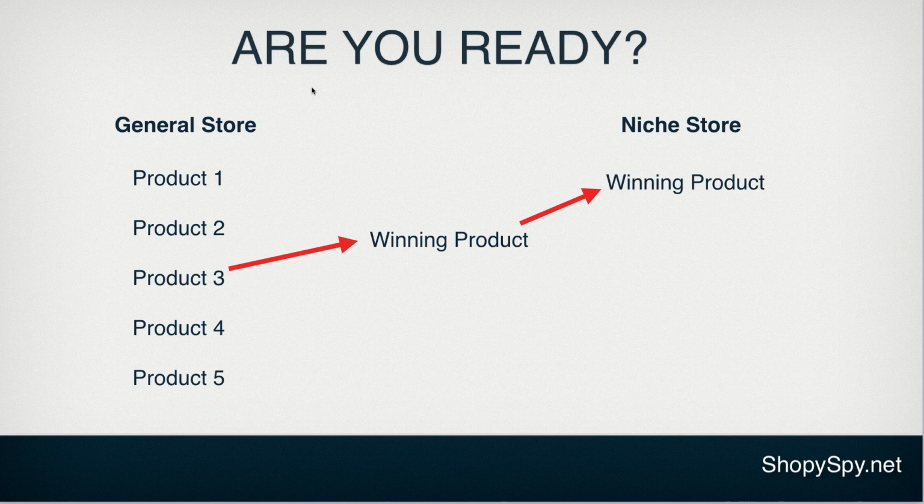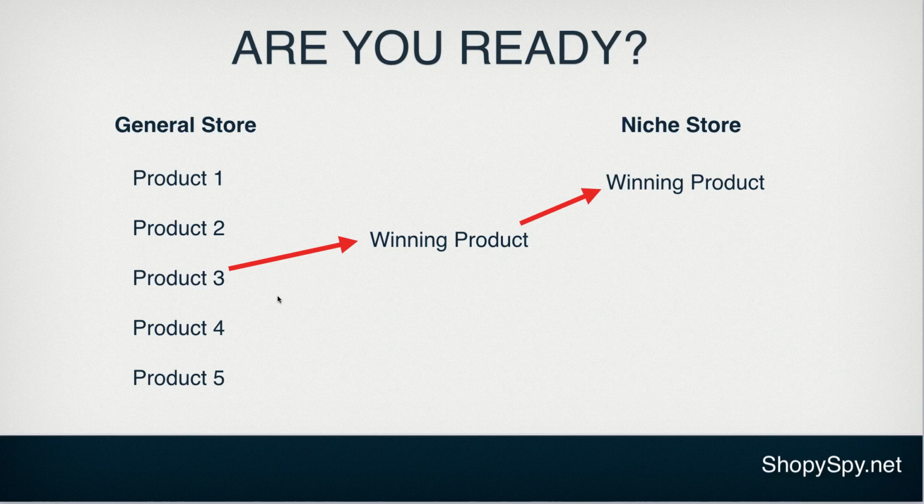Okay. Now, are you ready to test products? Be prepared to test 2 products a day, 3 products a day, 5 products a day. I know some guy who's testing 30 a day right now. And it's best to start a general store and then find the winning product and start a niche store around that product if you're making money on it and it's a winner. So I test about 5 products at a time.